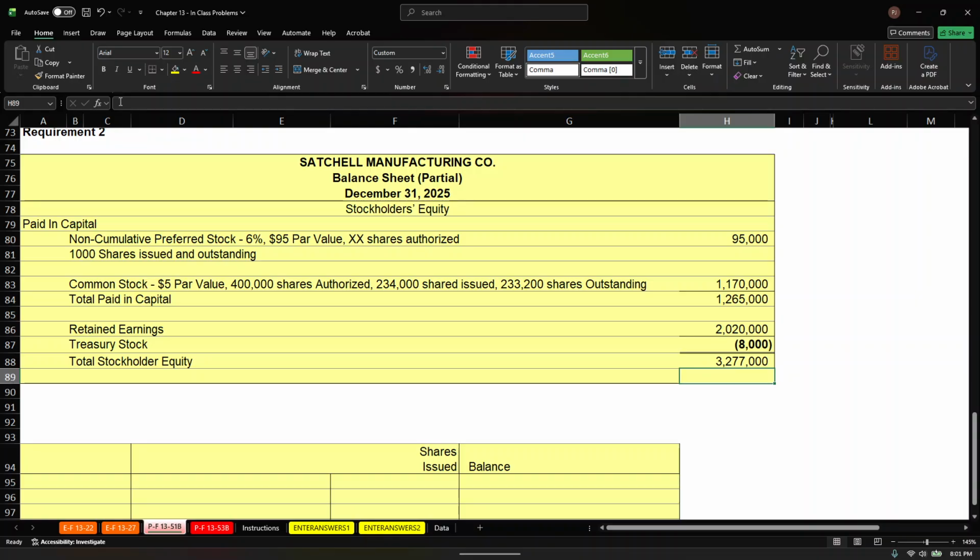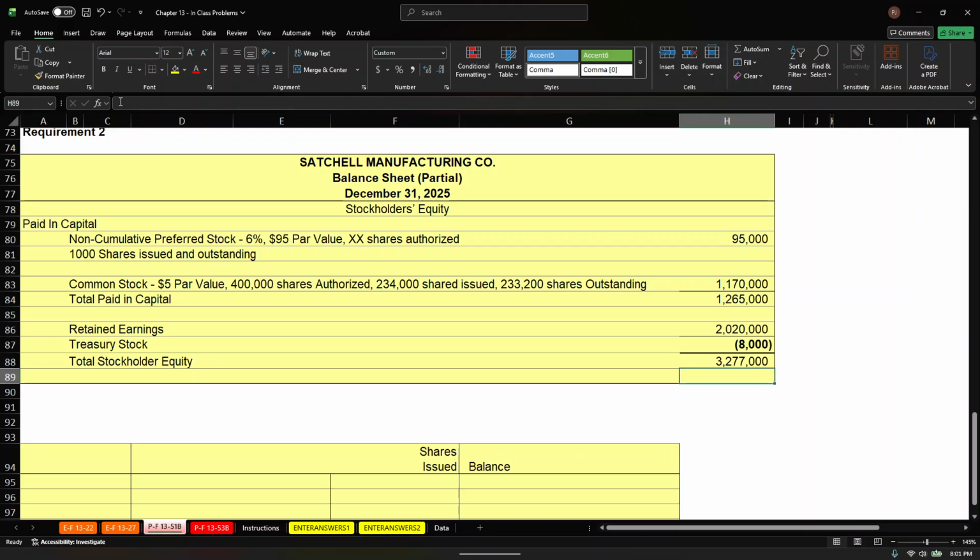And yes, that's right. Okay, so this is going to be tricky. This is going to be the hardest part of the homework, actually compiling this part of the balance sheet. Because you have to keep track of the number of shares outstanding. You have to see how many shares you have in treasury stock. What is the cost basis?